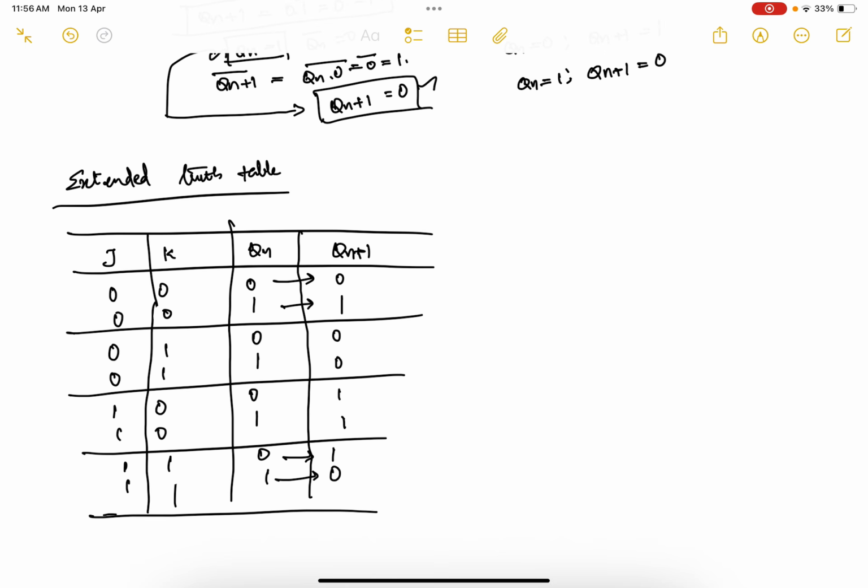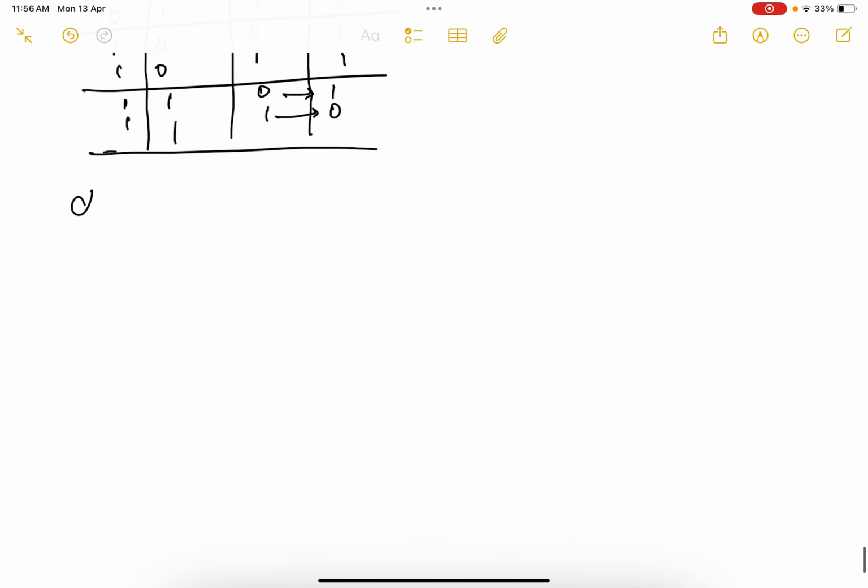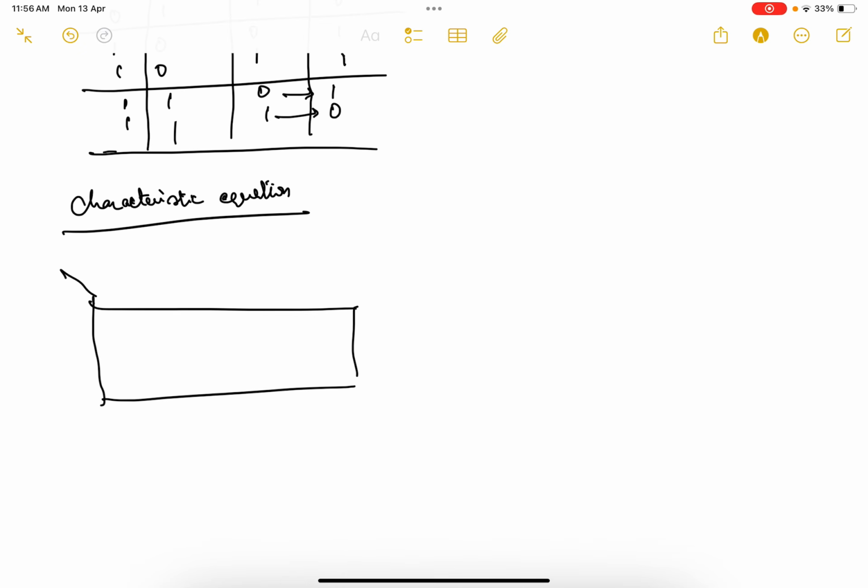Okay, now using this truth table, I want to write the characteristic equation. Now here, if you see, it is a 3 variable function. The characteristic equation is for Qn plus 1.